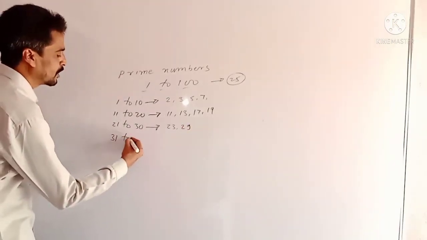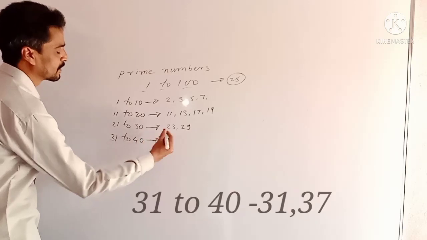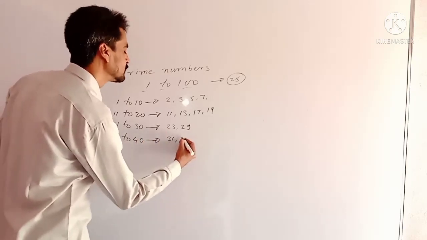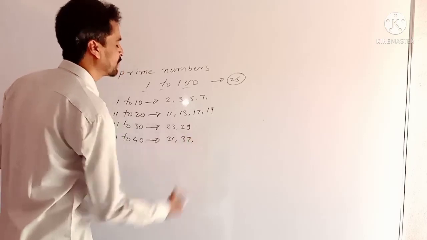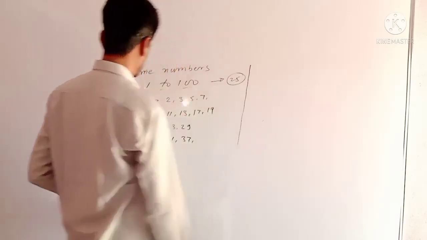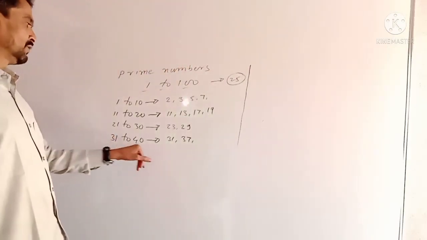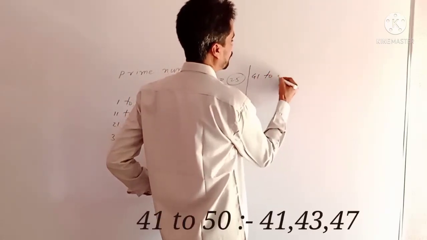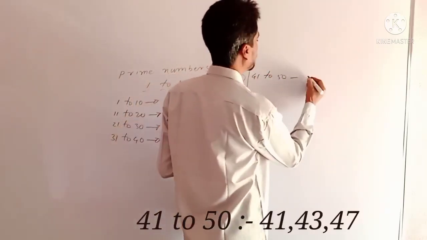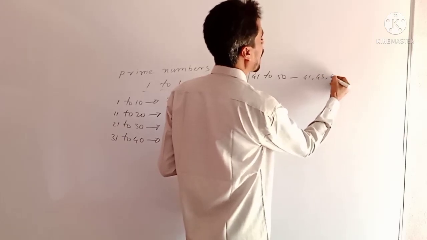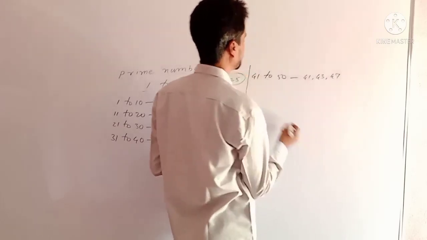From 31 to 40, 31 is a prime number, 37 is a prime number. Now 41 to 50, the prime numbers are 41, 43 and 47.